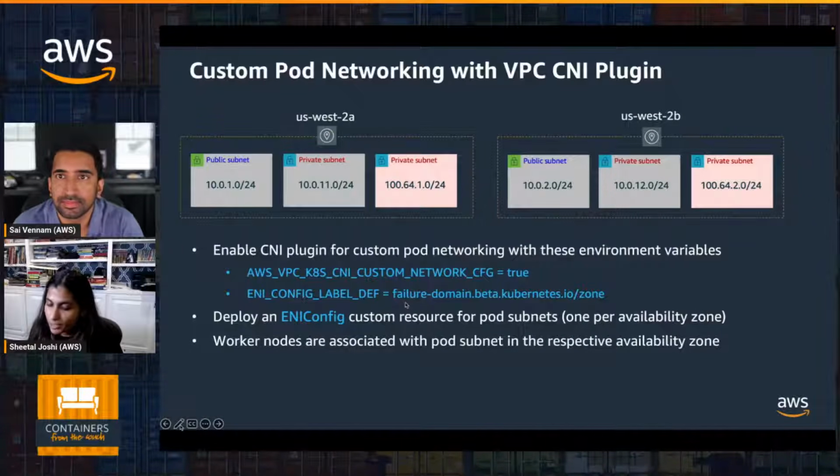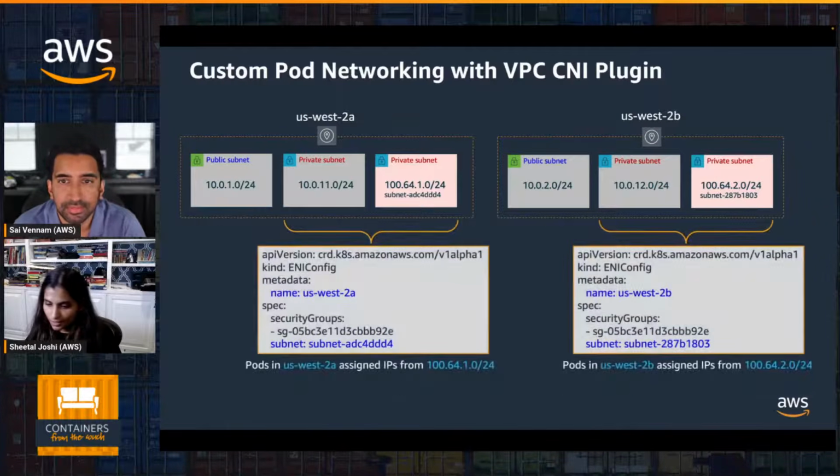VPC CNI supports a custom resource definition called ENIConfig, and this is where you say, this is the subnet I'm going to use for a particular availability zone. When you try to schedule a pod, the config applied to that zone and that node will be used, and your pods will be scheduled on the secondary CIDR subnet. So let's go ahead and see it in action.